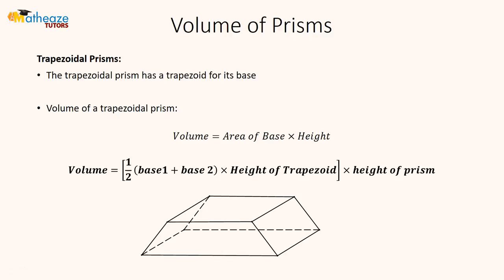I'll call this the base 1 here, and this is the base 2 here, times the height of the trapezoid, which will be this right here. And then you multiply by height of the prism, which is this line that joins this base right here with this base right here.